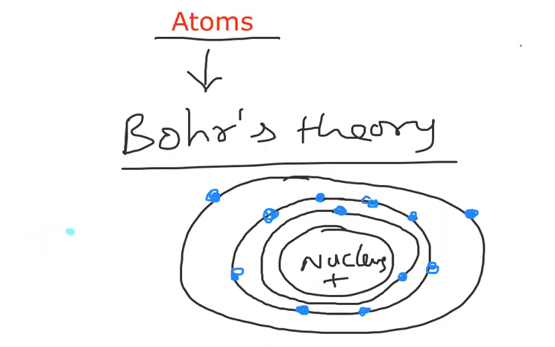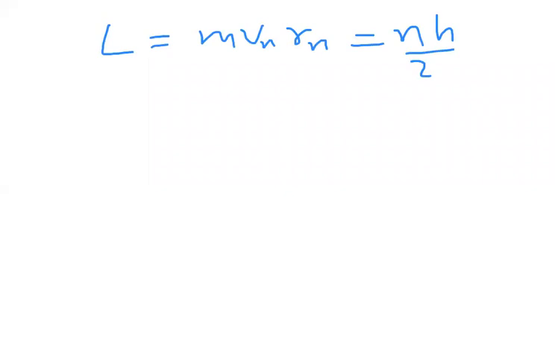Okay, fine. Now coming to Bohr's theory. Bohr's theory says that the angular momentum of an electron, L, is equal to mvnrn, which is equal to nh by 2 pi. The angular momentum of an electron revolving in an orbit is equal to nh by 2 pi.